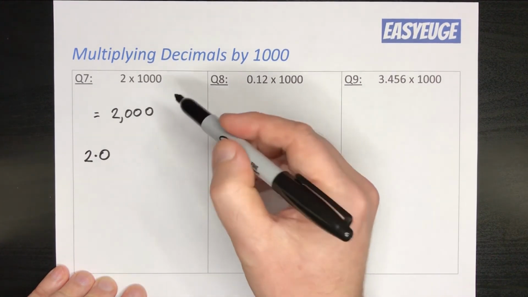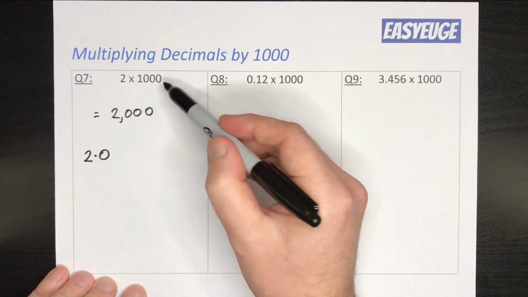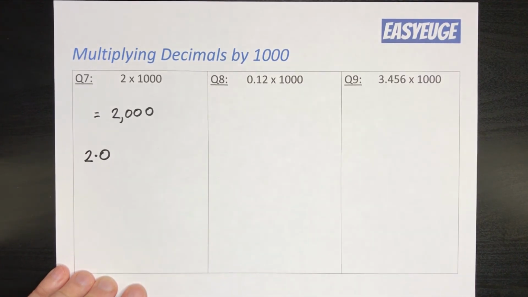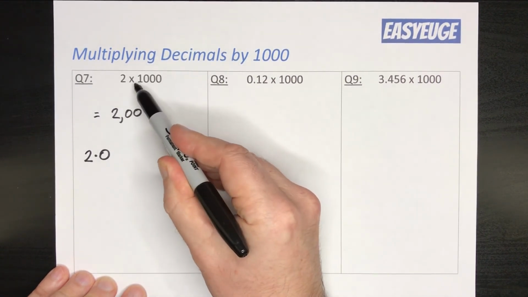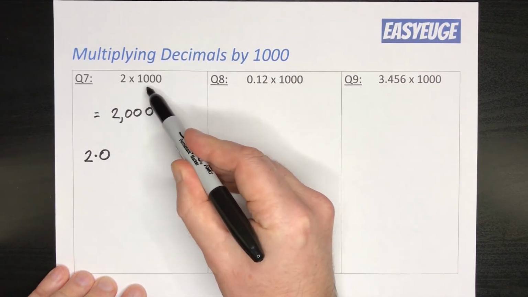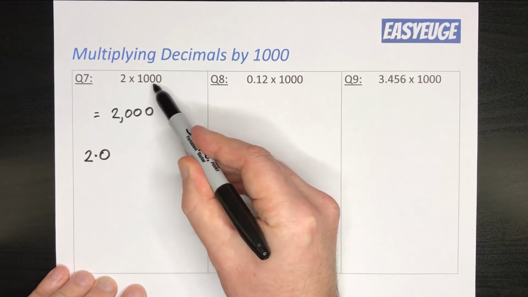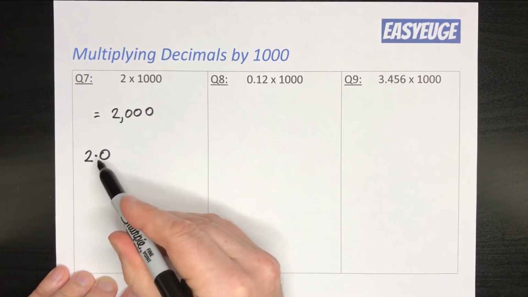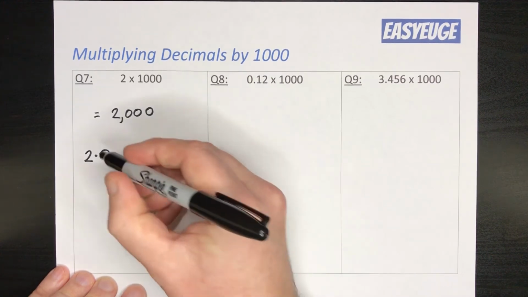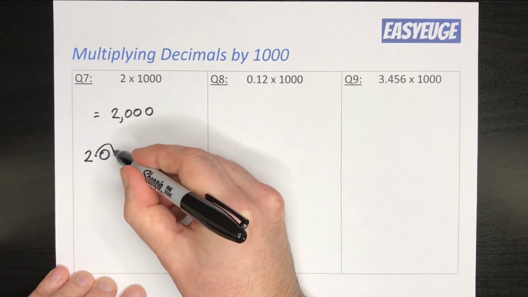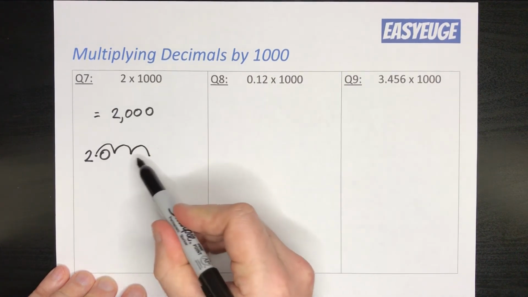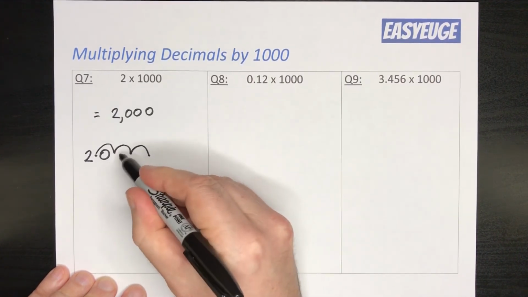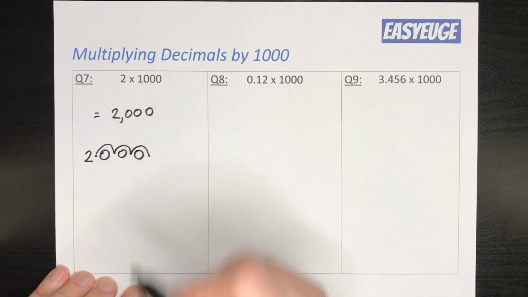Okay, and if we're going to multiply by 1000, we're going to make the number 2 1000 times bigger. So we're going to move the decimal point to the right because we're multiplying, and we're moving it 3 places. 1, 2, 3. So let's take this decimal point from the 2 and we'll move it 1, 2, 3. And we've ended up jumping over some blanks, so we can fill these in with zeros.